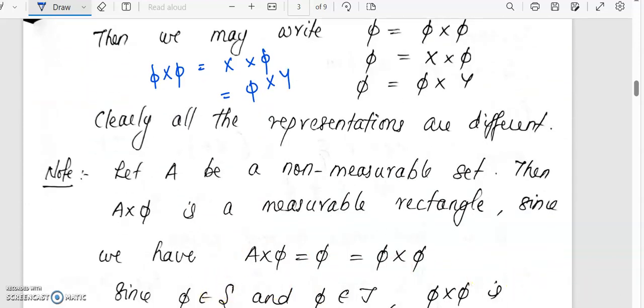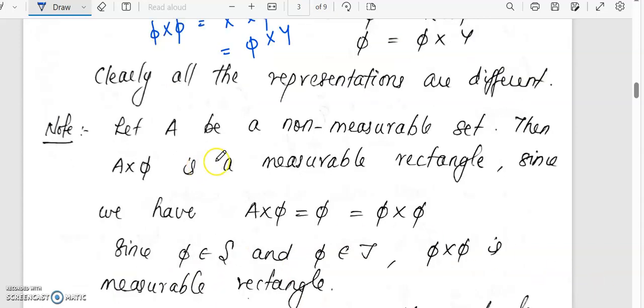Now if you take a non-measurable set, consider A, which is a non-measurable set. A cross phi will be equal to phi. So in that way we can say this is also a measurable rectangle, because A cross phi is equal to phi. So this will be equal to phi cross phi.